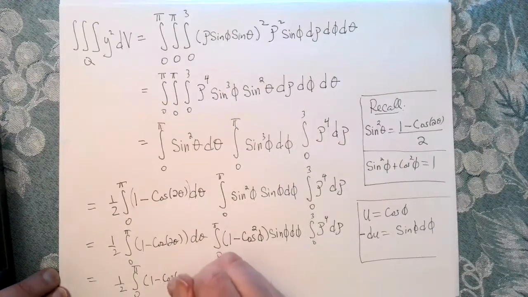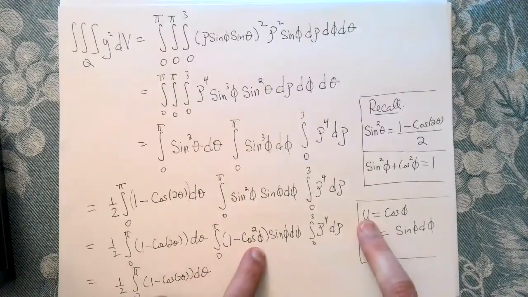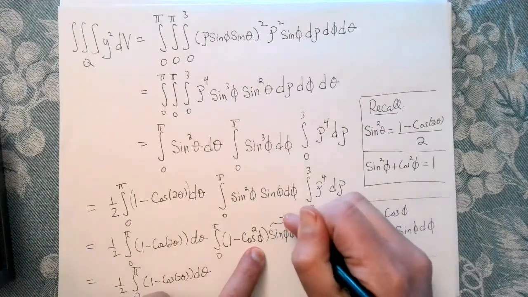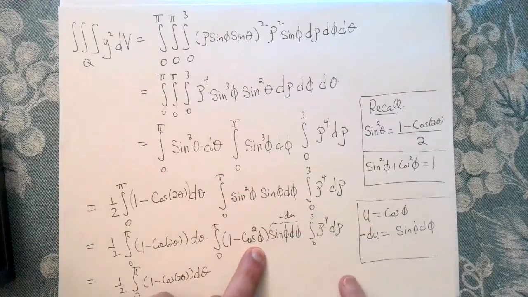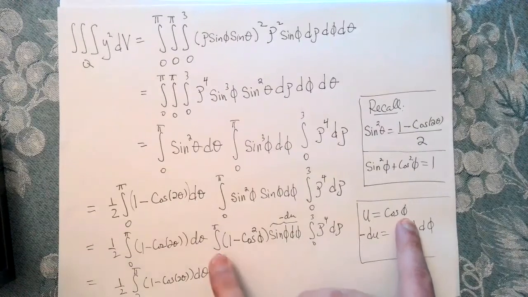And since this is multivariable calculus, maybe we can do this all at once, right? So this is going to be 1 minus u squared. This right here, that's going to be minus du. When I change my bounds, this is going to go from 1 to minus 1.